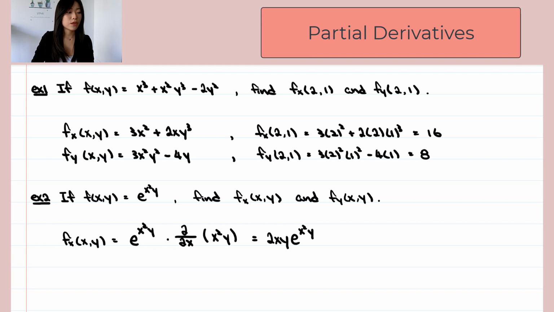How about with respect to y? So now we are going to treat x as a constant. Similarly, we'll need to use the chain rule. The derivative of the outer function is the same, e to the power of x squared times y, then multiply by the partial derivative of the inner function with respect to y.